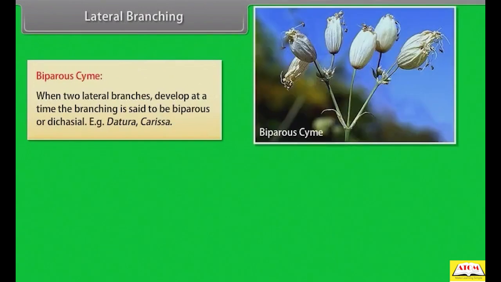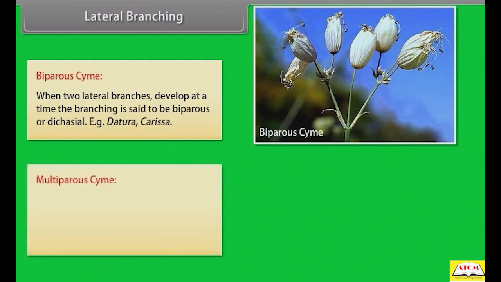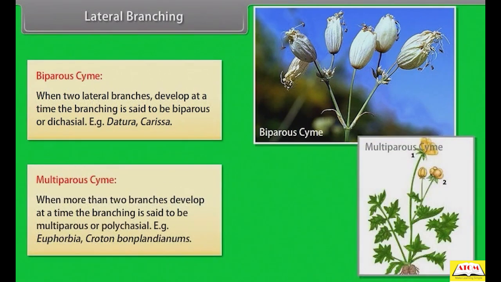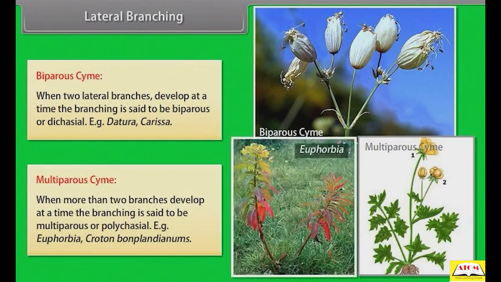When two lateral branches develop at a time, the branching is said to be biparous or dichasial. Example: Datura, Carissa. Multiparous cyme. When more than two branches develop at a time, the branching is said to be multiparous or polychasial. Example: Euphorbia, Croton bonplandianum.